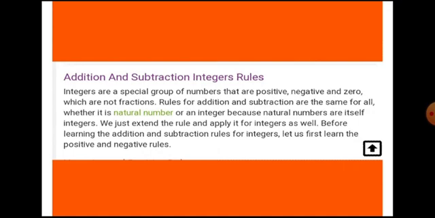Rules for addition and subtraction are the same for all, whether it is a natural number or an integer, because natural numbers are themselves integers. We just extend the rule and apply it for integers as well.